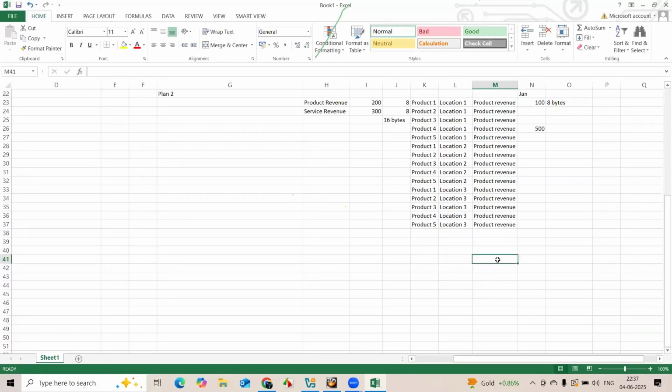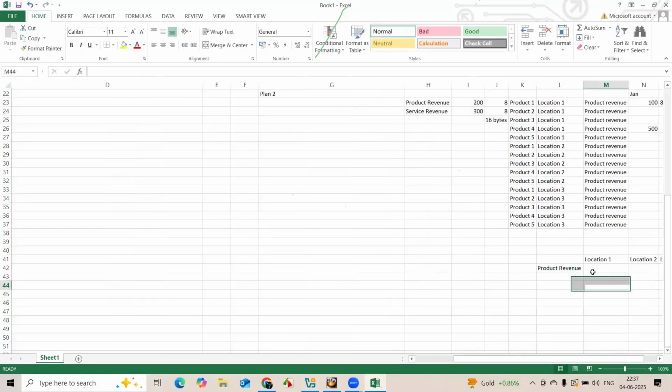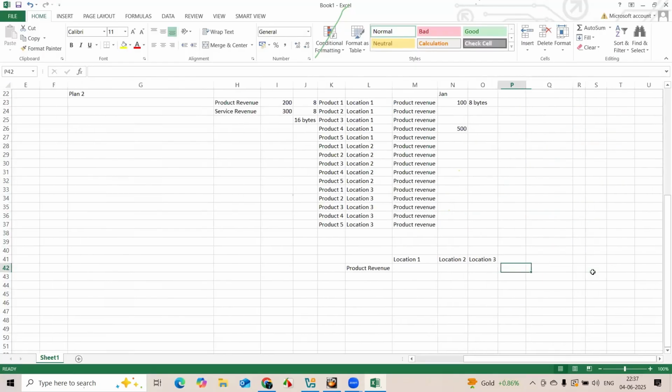For location 1, how much product revenue, for location 2, how much, and for location 3, how much revenue has been made. Of course, you can do this in an RDBMS also, but how are you going to represent this to a client?